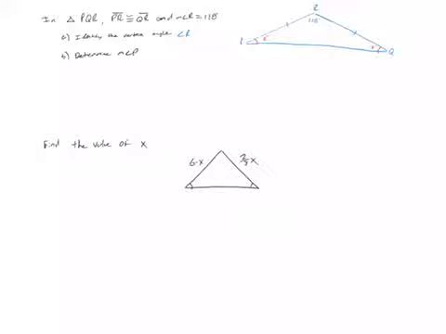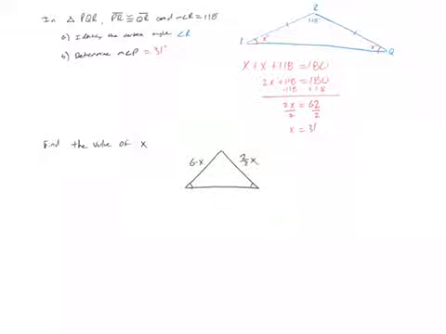Since all 3 angles add up to 180, x plus x plus 118 is equal to 180. This means 2x plus 118 is equal to 180. Subtracting 118 from both sides, you get 2x is equal to 62. Dividing by 2, x is equal to 31. So the measure of angle P is equal to 31 degrees.